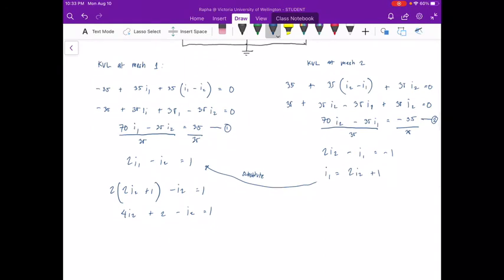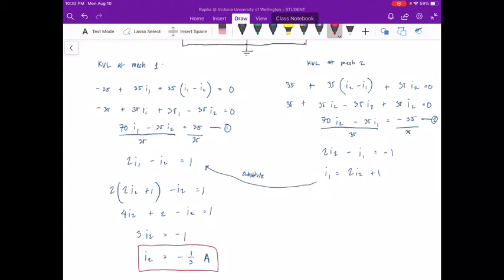Simplifying further, we have 3I2 is equal to negative 1. So we have I2 is equal to negative 1/3 amperes. So we've already solved for I2.